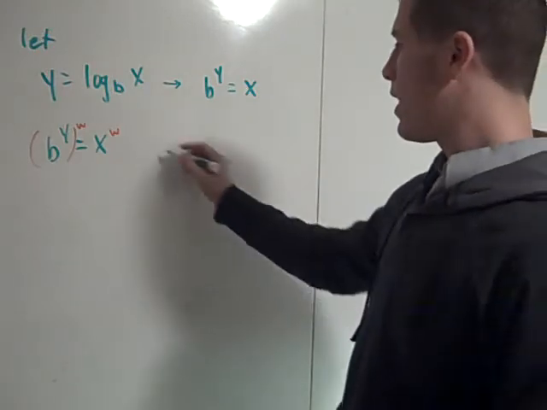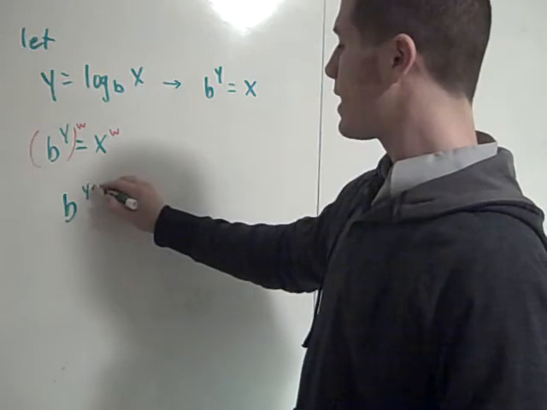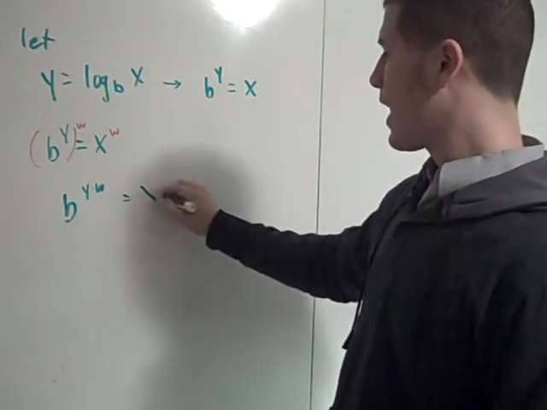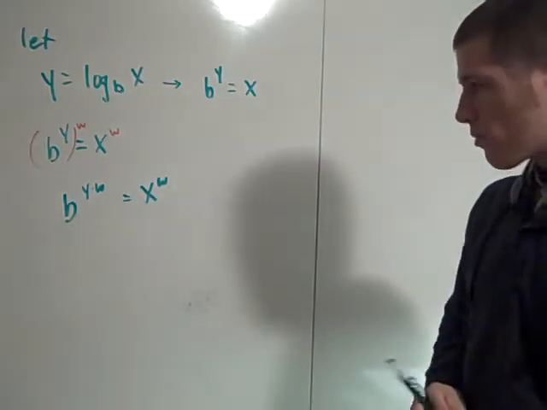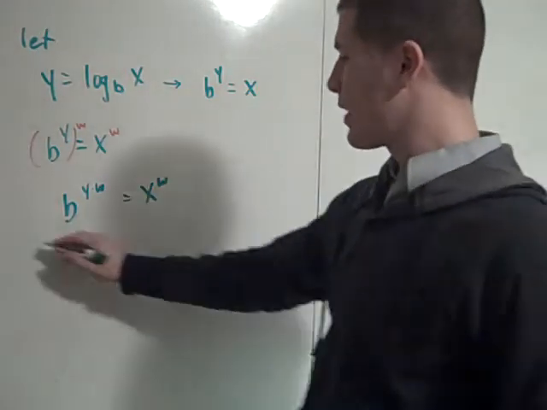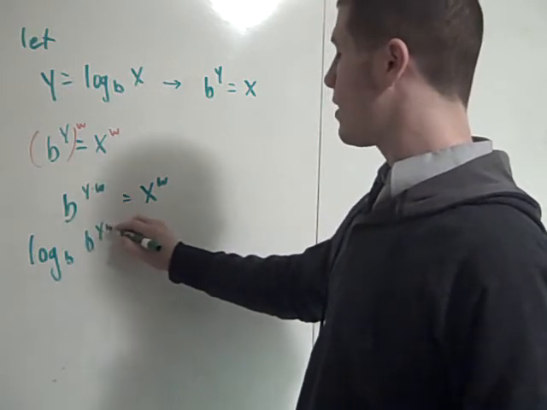So then, this leaves us with b to the y times w equals x to the w. Now take the log base b of both sides. So take the log base b of b to the yw.